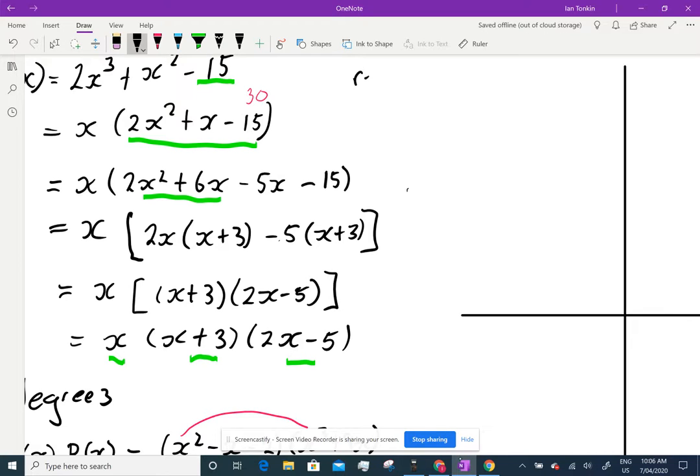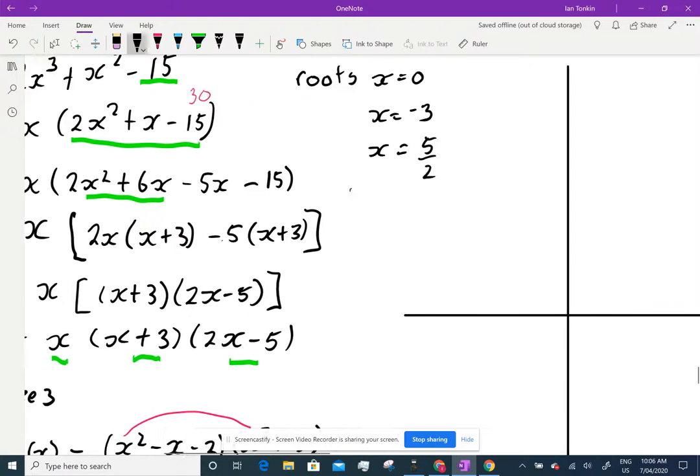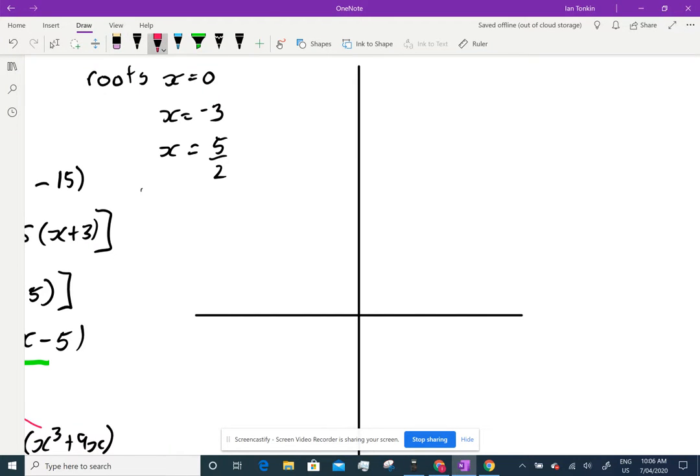So the roots: x equals 0, x equals negative 3, and x equals 5 on 2, 2.5. So there are my roots.